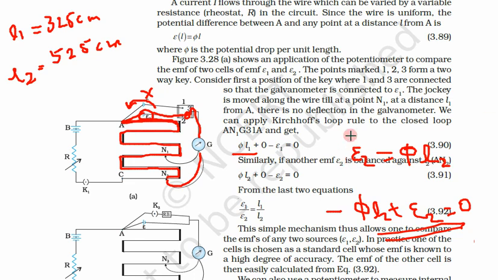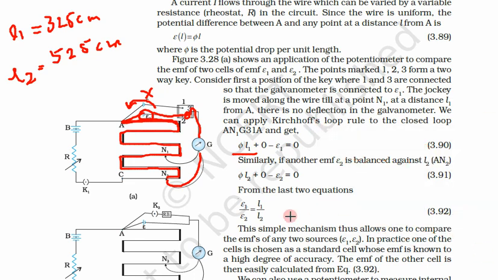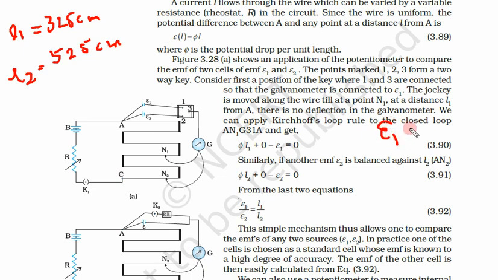So we got the value of epsilon 1 and epsilon 2 in terms of lengths. Epsilon 1 was phi L1, and epsilon 2 was phi L2.